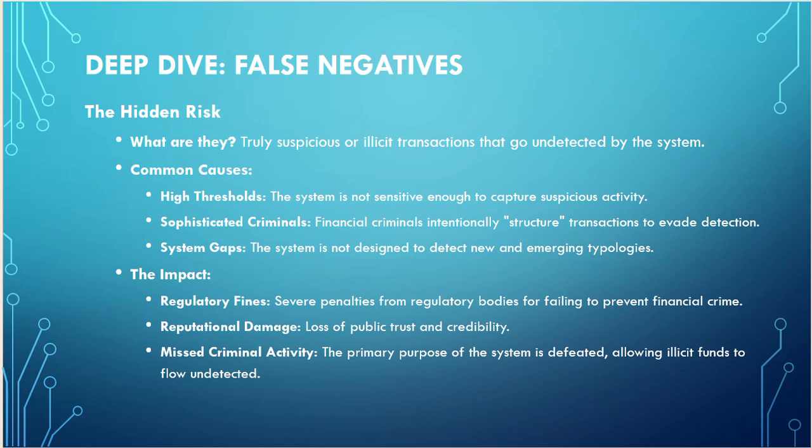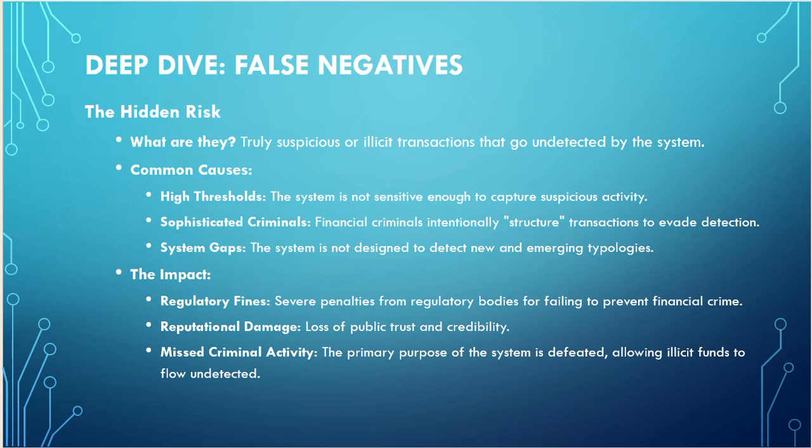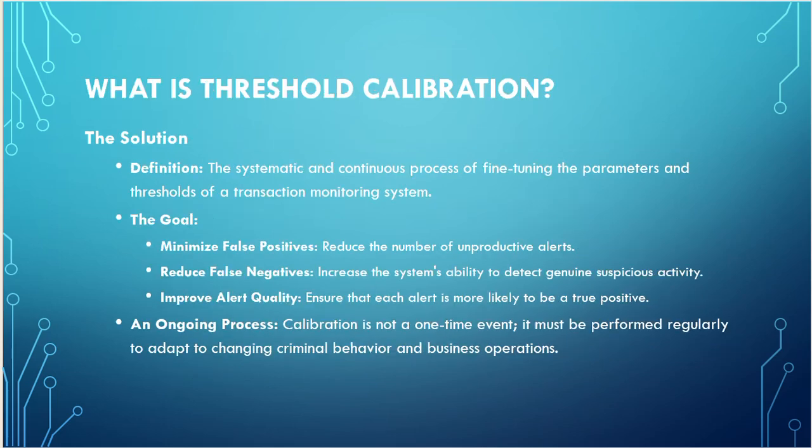The reputation of that bank or financial institution will be damaged in society. And social criminal activities: the primary purpose of the system is defeated, allowing illicit funds to flow undetected. Criminals can easily clean their money and send it to terrorist financing. That's why we need to decrease false negatives as well.